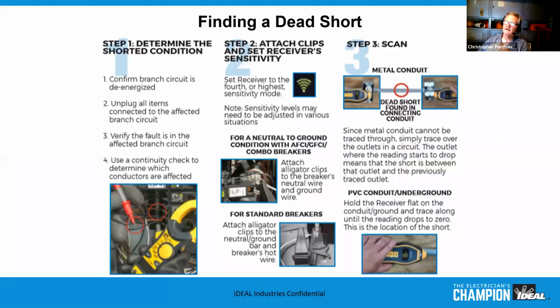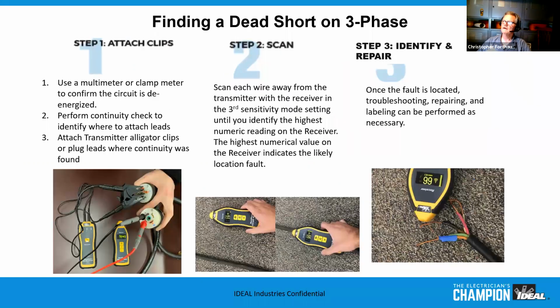And then again, finding the dead short is described in the manual. Finding a dead short on 3-phase. Again, this is de-energized, but you'd use a multimeter or clamp meter to confirm the circuit is de-energized. Perform the continuity check.